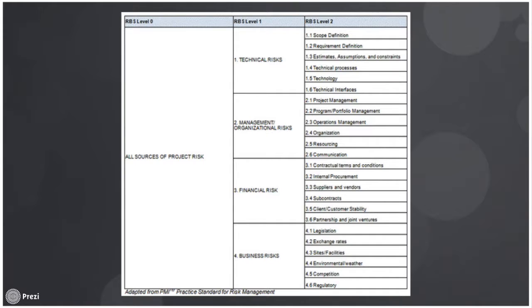And then it breaks down even to smaller subcategories that would be like scope definition of technical risk and so on. And this is actually a good tool. Also, you could use the level 2 breakdown as a checklist for all the risks as well. So it's kind of two tools in one.